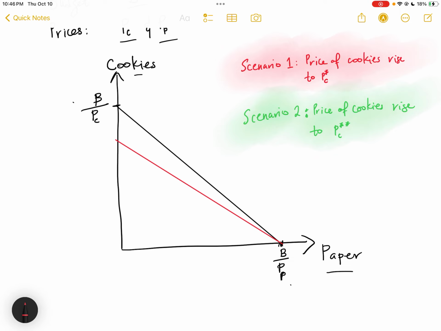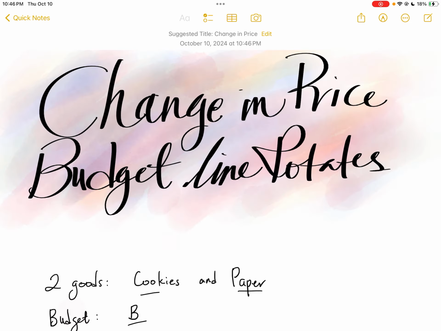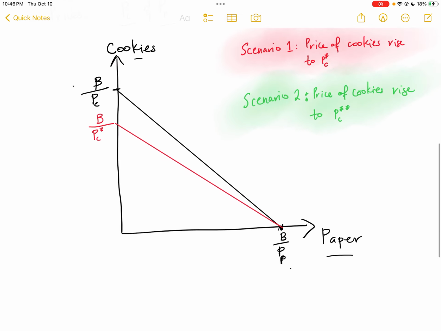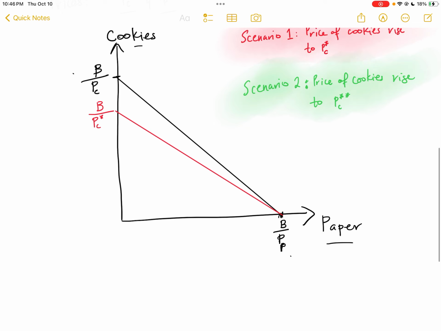Now I'm going to have here B over PC star. Right.